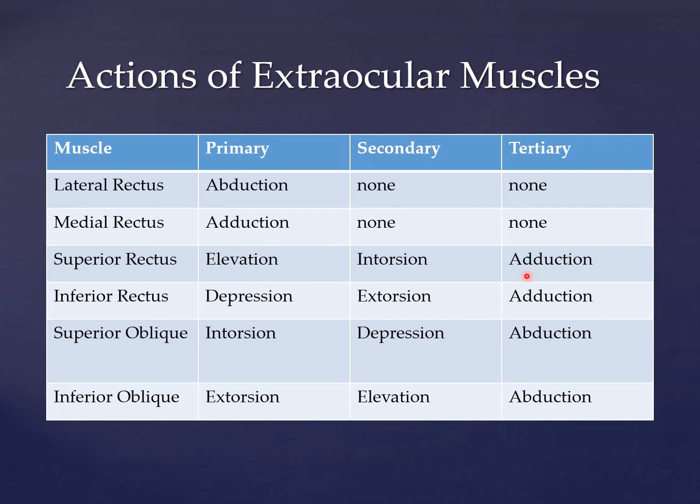Secondary and tertiary functions are intorsion and adduction. Inferior rectus is primarily a depressor, and its secondary and tertiary actions are extorsion and adduction. Superior oblique is primarily an intortor and a depressor of the eyeball, and for inferior oblique, the primary action is extorsion and the secondary action is elevation.